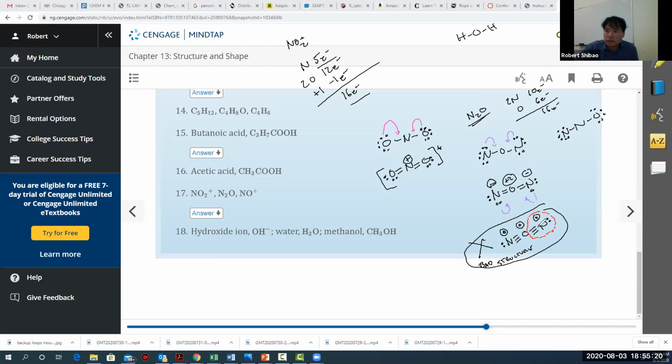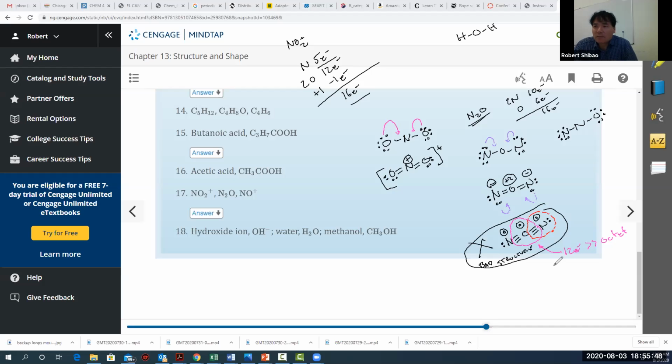When we look at oxygen and we look at the total number of electrons around oxygen, it's 2, 4, 6, 8, 10, 12. That's 12 electrons. 12 electrons is much, much greater than an octet.